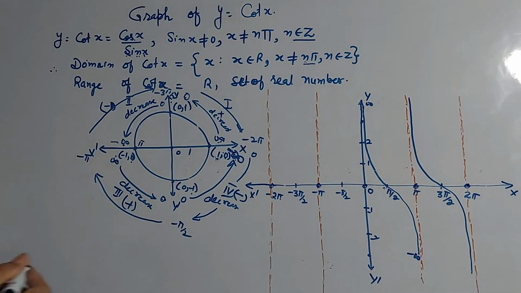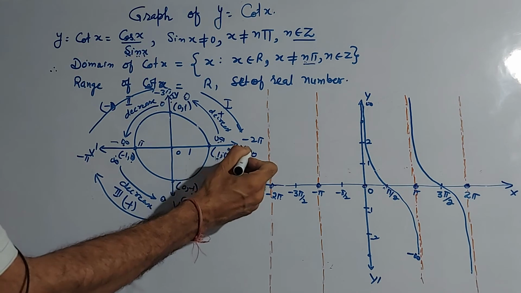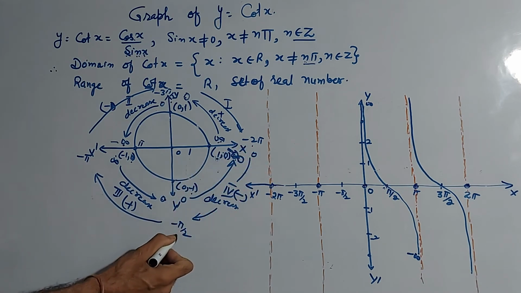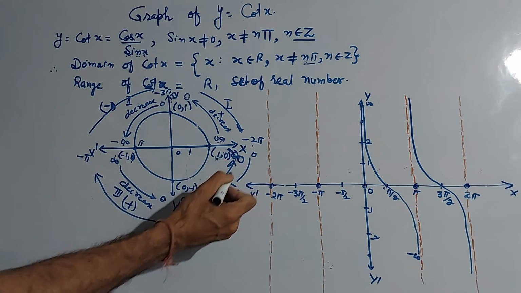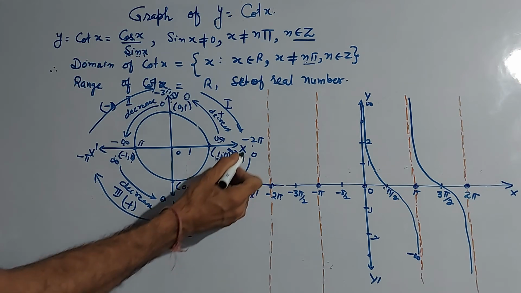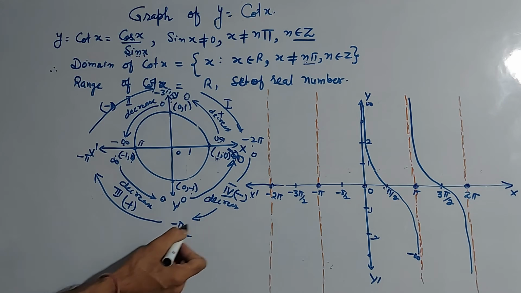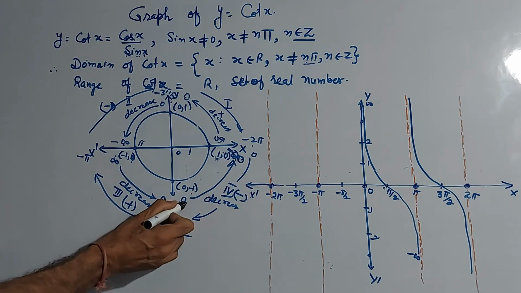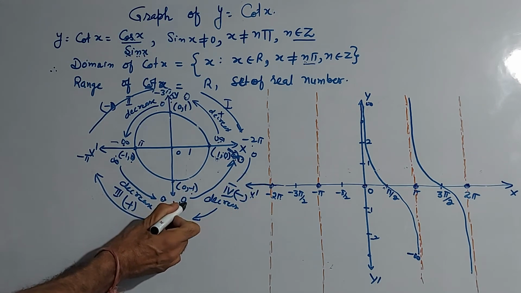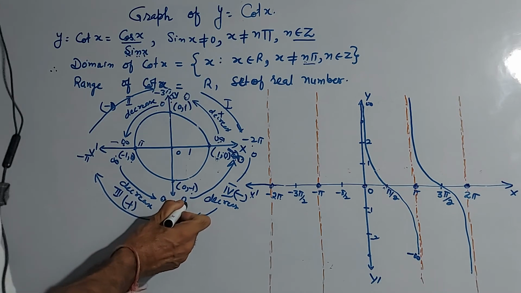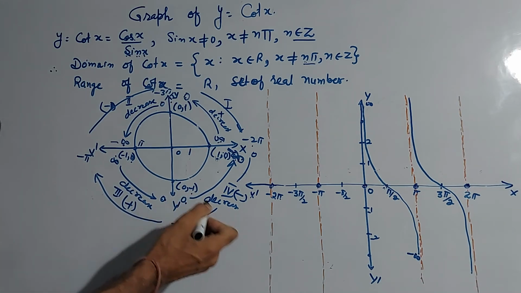Now we go in the clockwise direction from here, 0 to minus pi by 2. The value is minus infinity to 0. Here the value will increase, from minus infinity to 0.